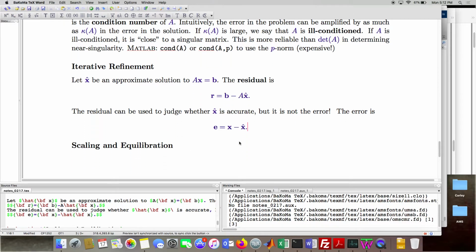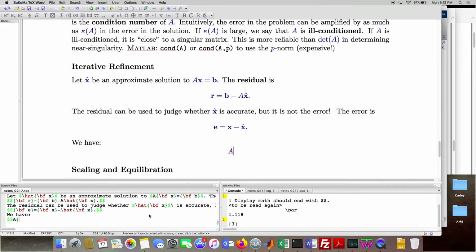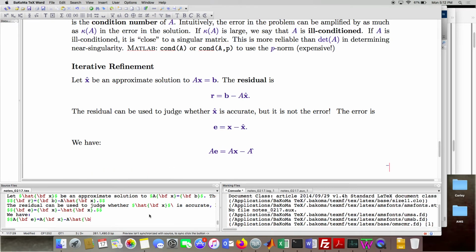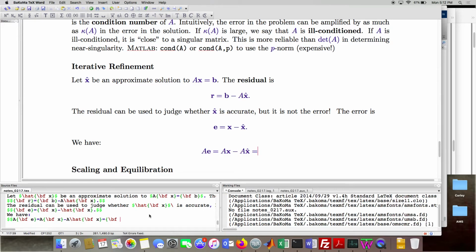So now I'm going to take this equation for the error, E is x minus x hat. I'm going to multiply both sides by A. So AE is equal to Ax minus A x hat. But Ax is equal to b, because x is the exact solution.